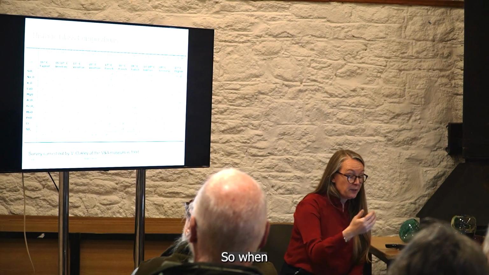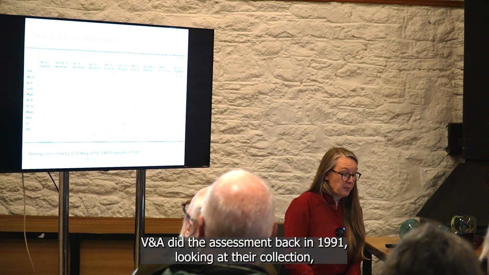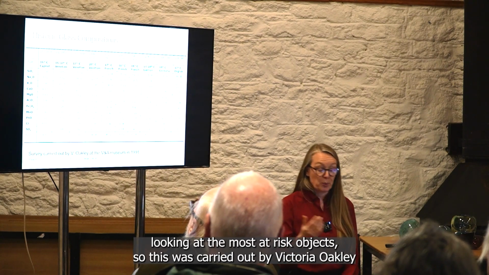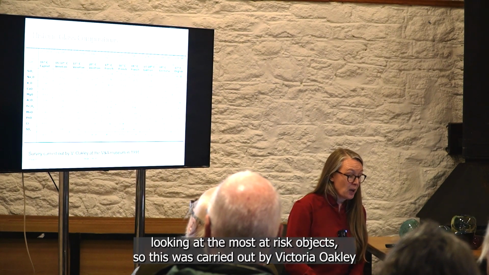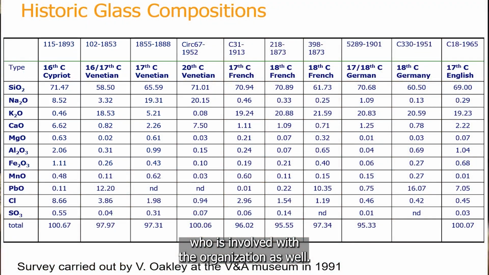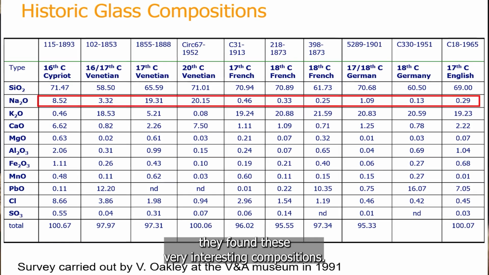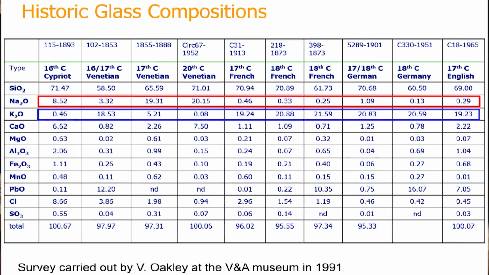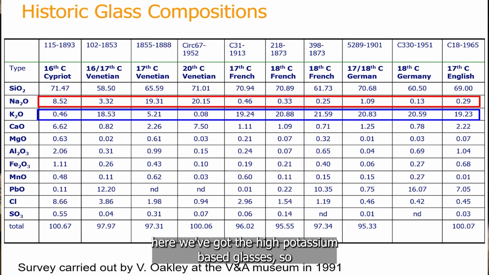So when the V&A did the assessment back in 1991, looking at their collection, looking at the most at-risk objects, so this was carried out by Victoria Oakley, who is involved with the organisation as well. They found these very interesting compositions. So you can see this red line, these are the high soda-based glasses, and here we've got the high potassium-based glasses.